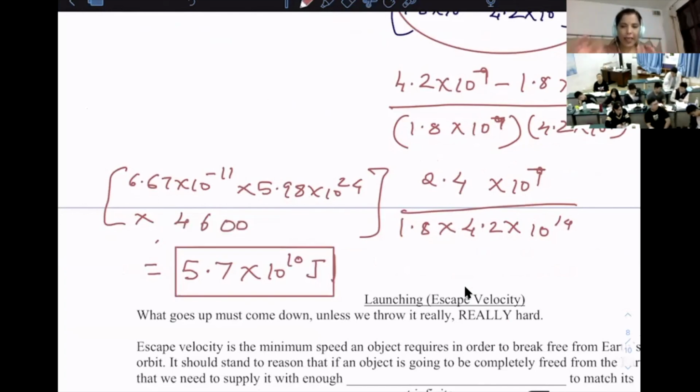Okay. In this class, who did not get this value? Put your hands up if you don't have this value. If you have this value, it's okay. But if you don't, we should find out why your value is not matching.